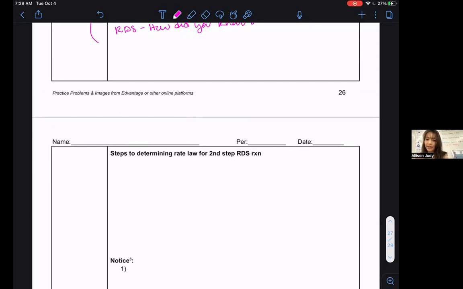What we need to understand is that we need to identify the rate determining step, the overall reaction, and then determine the rate law based on the RDS. Okay, I don't think I explained that very clearly. Let's just start doing the problem.